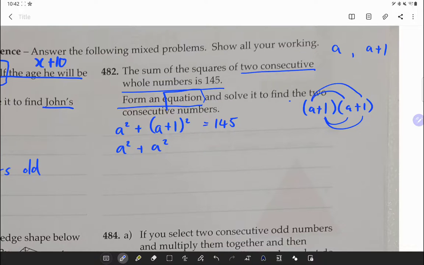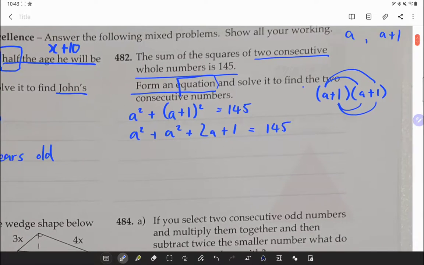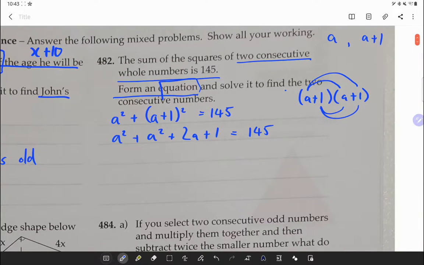So we end up getting A squared plus an A and then plus another A. So I'm just going to say 2A plus 1 equals 145. Okay, we seem to be getting a quadratic. If it's a quadratic, I'm going to move it all to one side and make the other side equal 0.